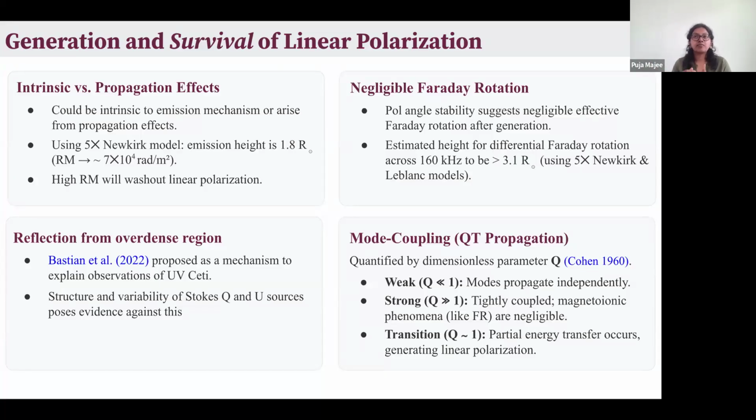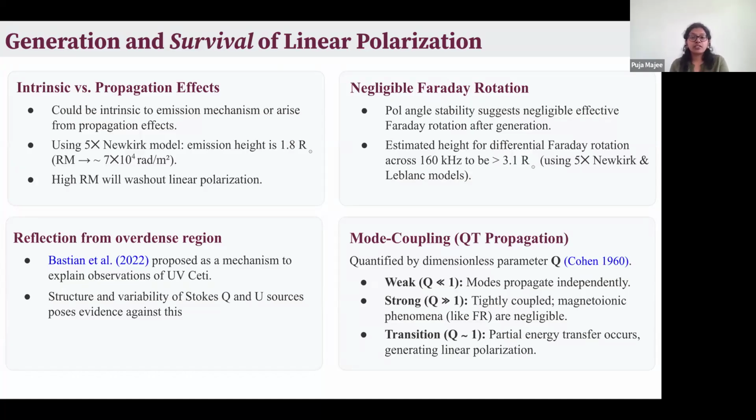While this makes sense, because in this case the emission would be at a higher height, the morphology and the variability that we see in the Stokes Q and U sources, and also the two consecutive sources, the positive and negative sources, cannot be explained from this scenario.